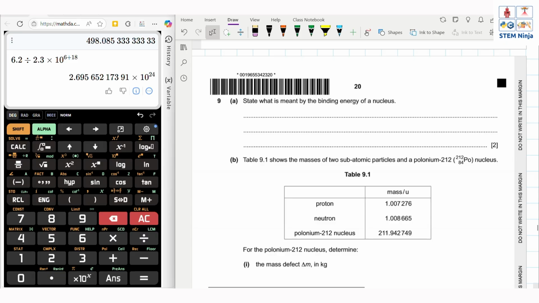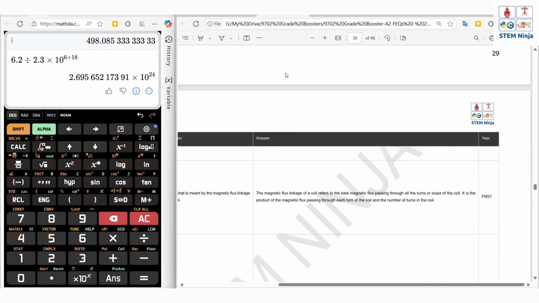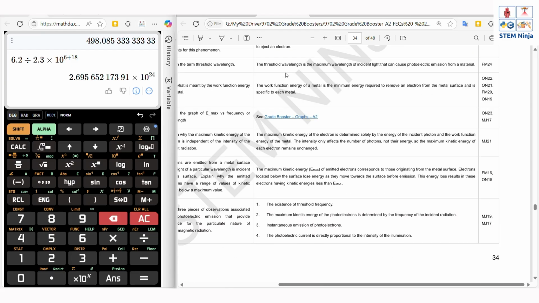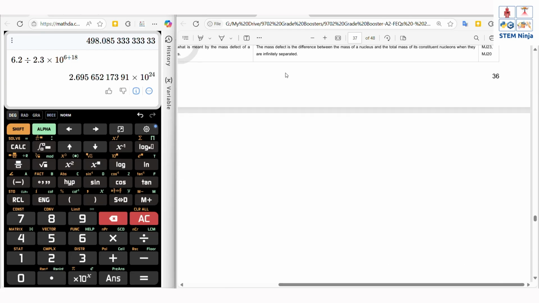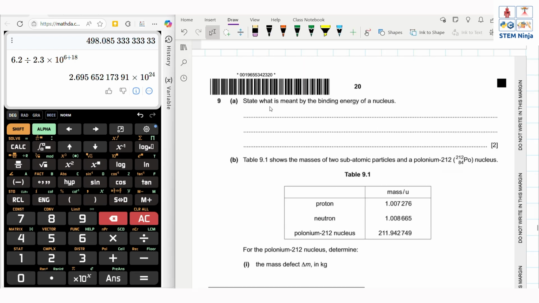State what is meant by the binding energy of a nucleus. All right. So let's see the definition from our FAQs. Again, this is to show you how you can leverage this great booster pack. So binding energy is the energy required to completely separate the nucleons in a nucleus. Completely separate. You can also say completely separate to infinity, or the work done to do that.